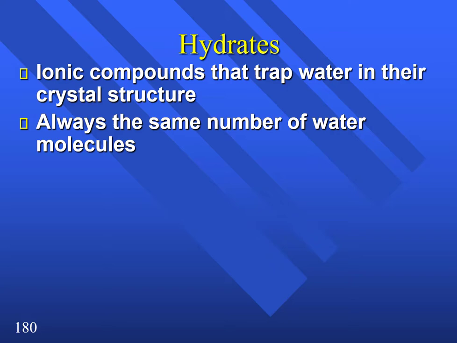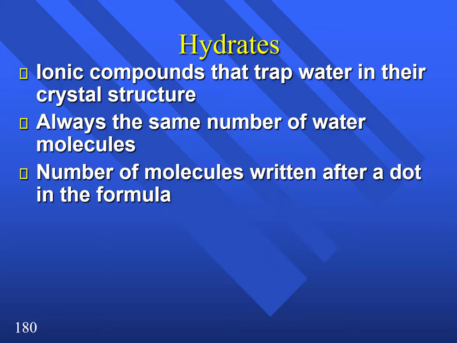So when I want to go buy it in the store, I have to mention the water, because the water is going to affect the weight. Okay? So in our name and in our formula, we've got to include that water. So the number of water molecules shows up in the formula at the end after a dot. So if you had 3 extra water molecules, you would put dot 3H2O.